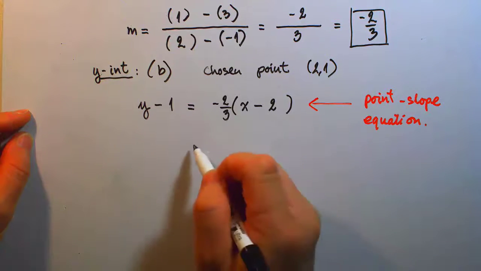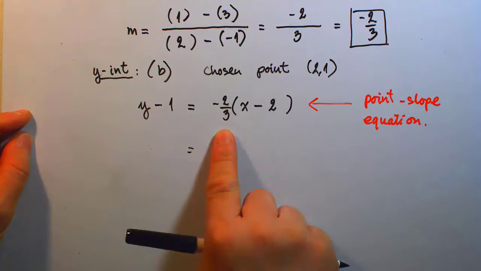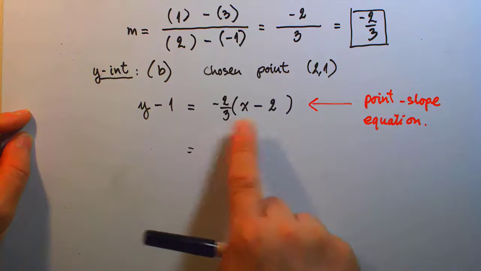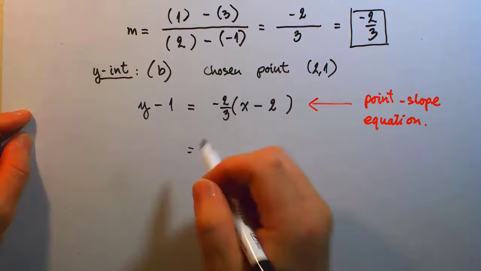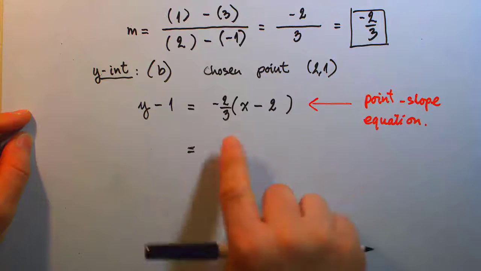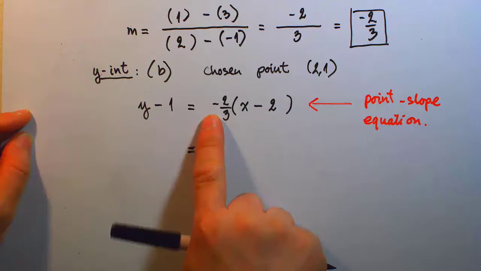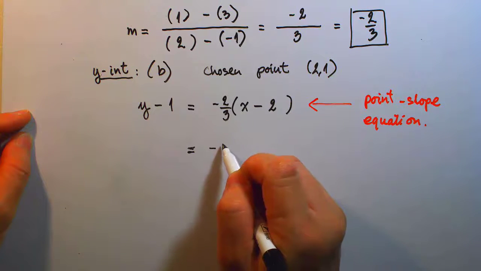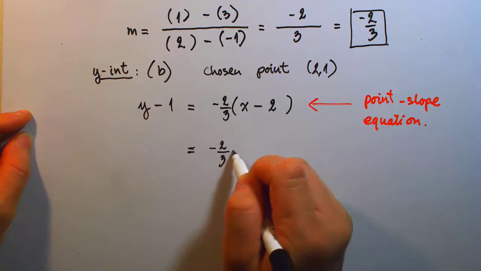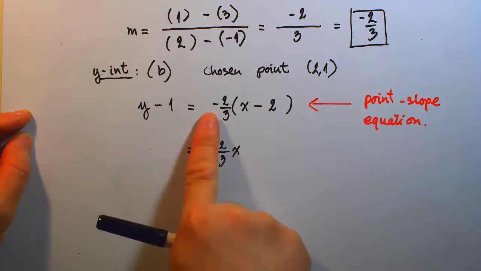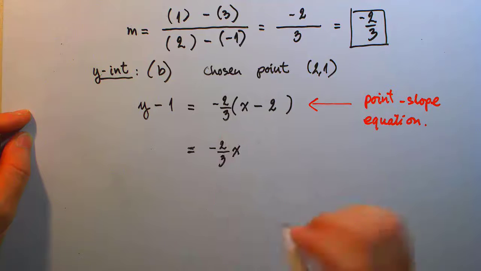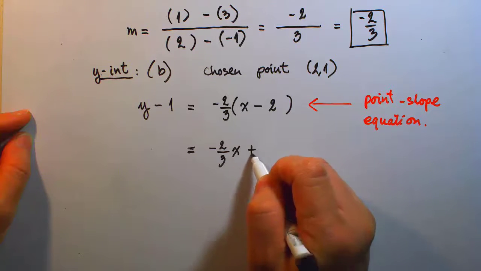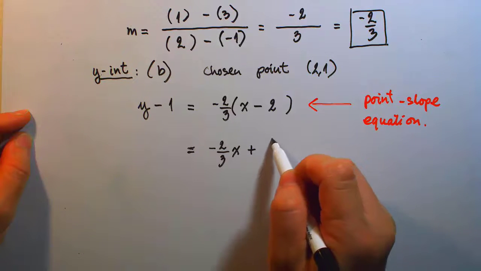On the right hand side, we distribute that negative 2/3 into each term inside the parentheses, but be ready for some sign change. Negative 2/3 times the positive x gives minus 2/3 x, and negative 2/3 times negative 2 gives plus 4/3.